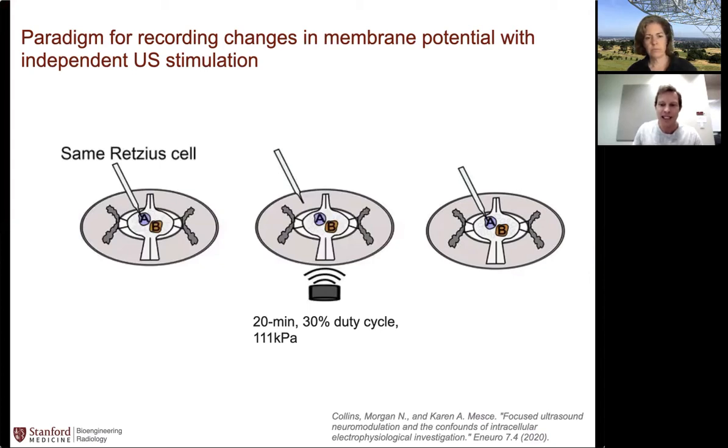Now they did one further part of this experiment, and to preface, when you're puncturing and removing the electrode from the cell, there's always the possibility that that disruption of the membrane may cause changes in excitability. However, there's this nice benefit of using the Retzius cells in that there are always two of them.